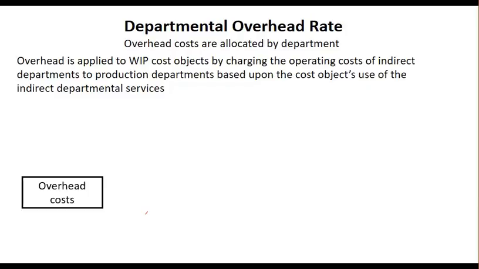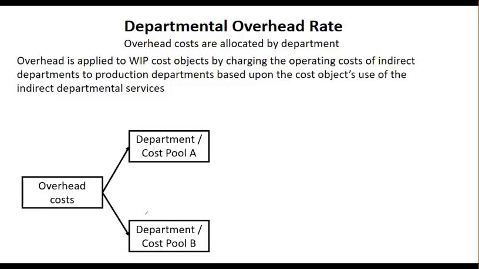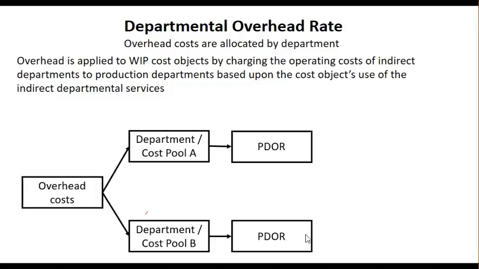Now again, if we take a look at the pictorial of how this works, overhead costs are basically pooled by departments. Here we have cost pool A and cost pool B, and these are separate departments. What we're going to then establish is a predetermined overhead rate for each department, and again, our cost pool will be driven by some form of cost driver that has been established for pool A by management, and some type of cost driver that is established for pool B by management.